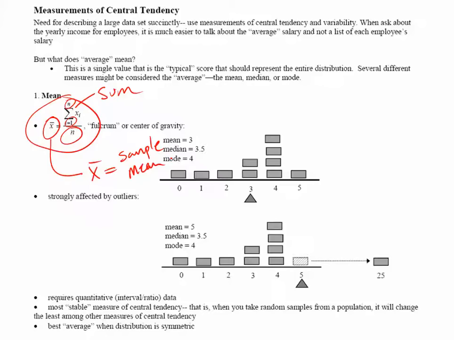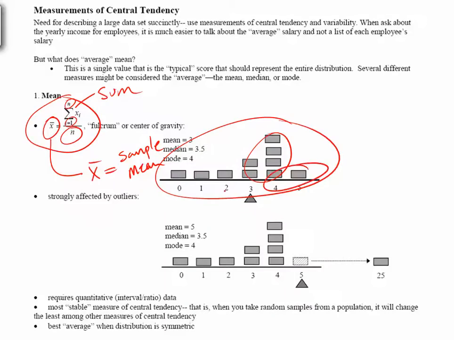So, for example, let's say that we ask this group of people, I don't know what this is measuring, how much you like chicken. You can see that the bulk of our observations were somewhere like a 3 or a 4. And if we put a fulcrum there to measure the middle, we would be balancing the right-hand side to the left-hand side, and that middle is found right there at about 3.